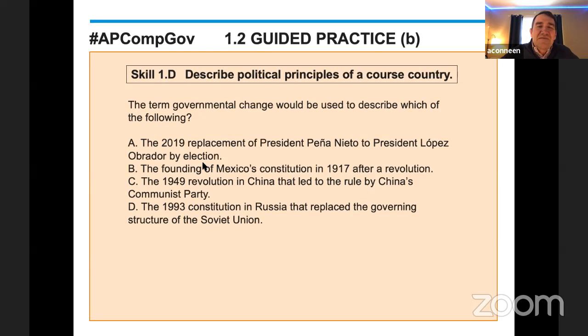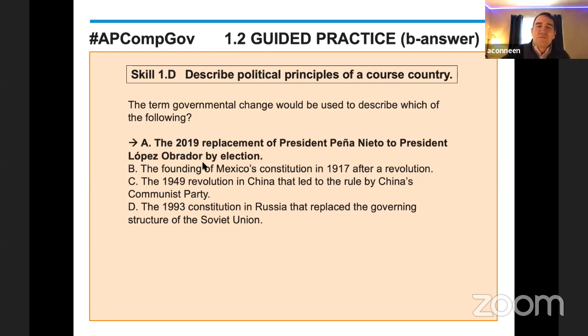But in B, the founding of Mexico's constitution in 1917 after the revolution. The 1949 revolution in China is another potential answer. And the 1993 constitution in Russia that replaced the governing structure of the Soviet Union. And the answer here is, even though the date is wrong, A, the replacement of President Peña Nieto to President López Obrador by election.